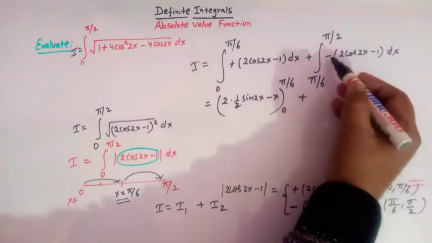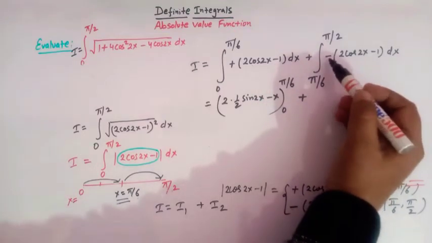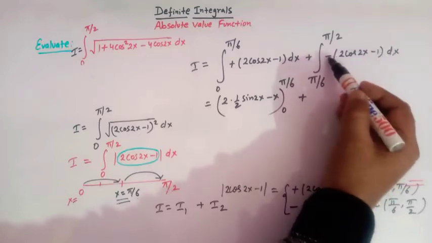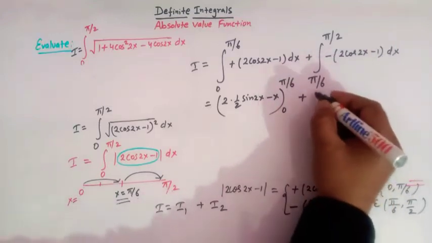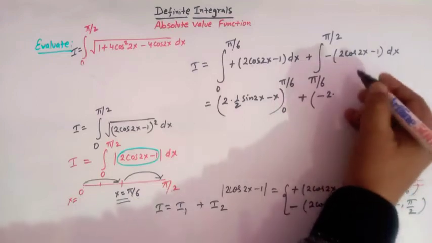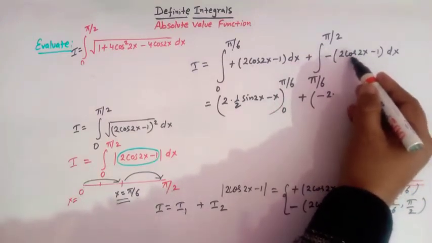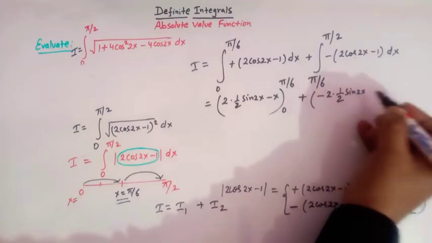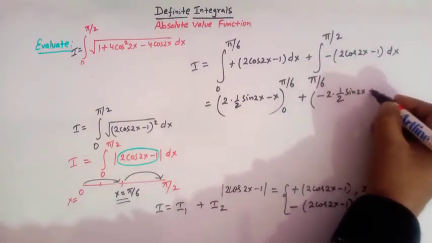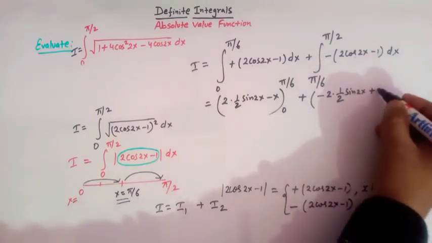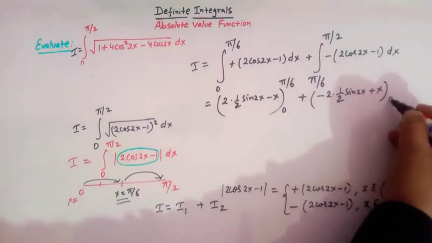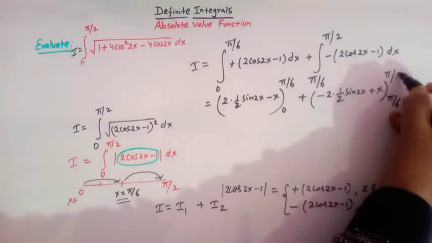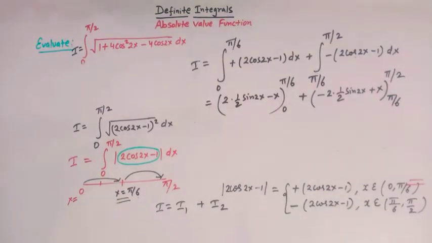And here this negative sign, we multiply it with these two terms, so we have minus 2 times the integral of cos 2x, which is half sine 2x, and then here we have plus, the integral of 1 dx is x, and we have the limits of integration from pi by 6 to pi by 2, right?